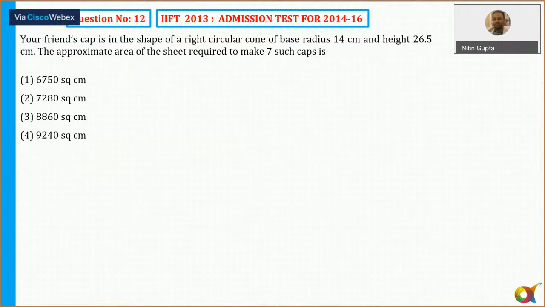Okay, come to question number 12. Question number 12 says, your friend's cap is in the shape of a right circular cone. Right circular cone जैसा होता है वैसा. Alright. Now, of a base radius 14. So the radius is equal to 14. Base radius is 14.